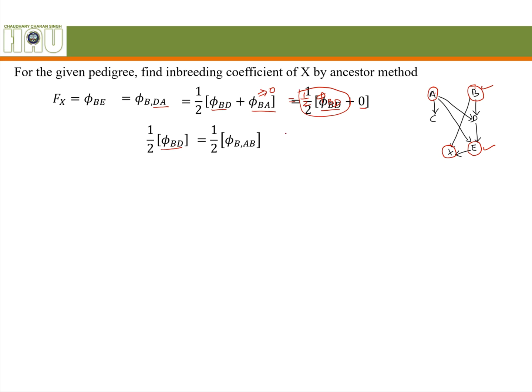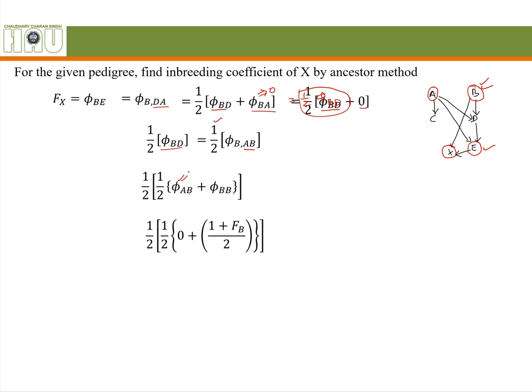Now B has no information about his parents, but D has two parents, A and B, so D is further split into A and B. Now again apply the same formula here. You will get 1 by 2 of phi AB plus phi BB.